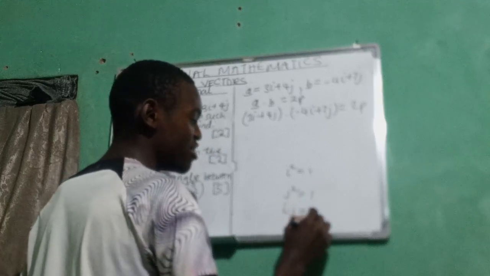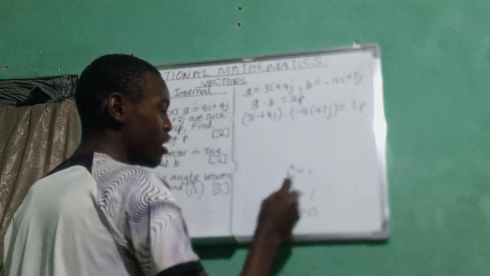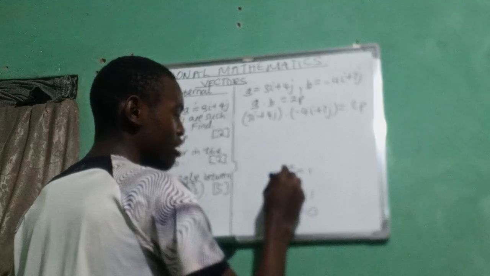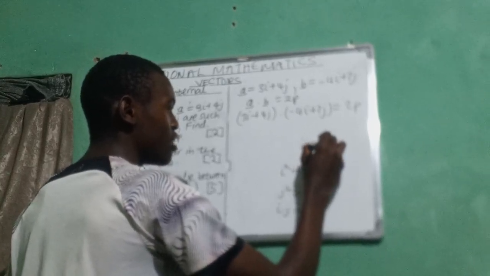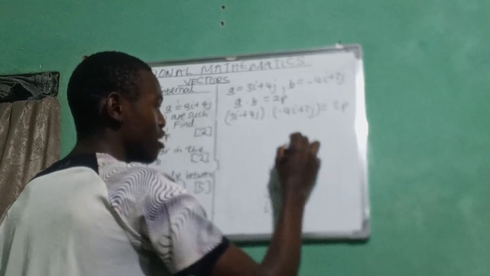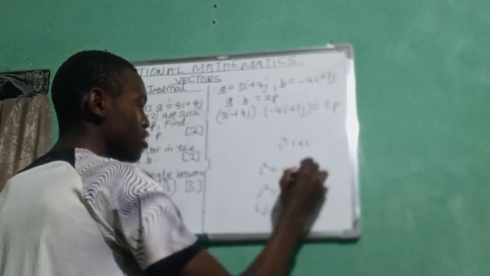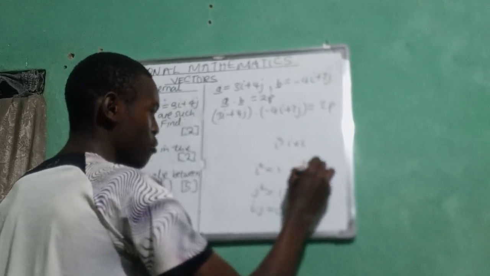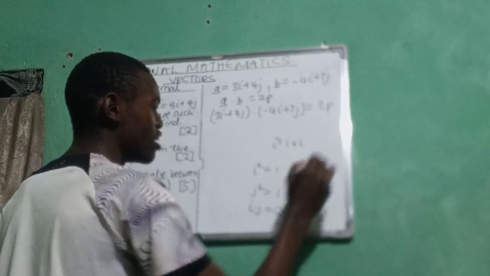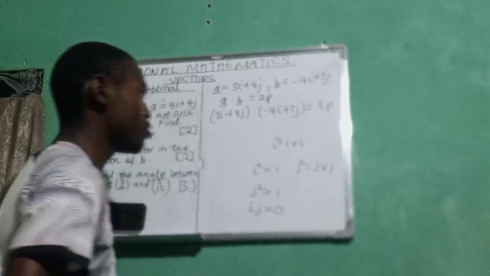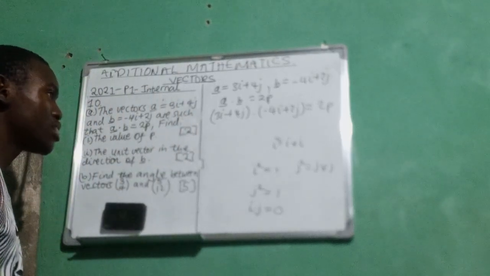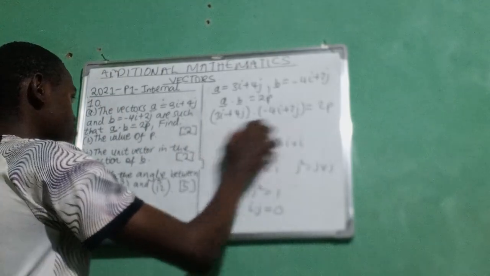I times j is 0. Anywhere we say i times i, i squared is the same as i times i. J squared is the same as j times j. Now i times j gives you 0. That's something very important to take note of here.